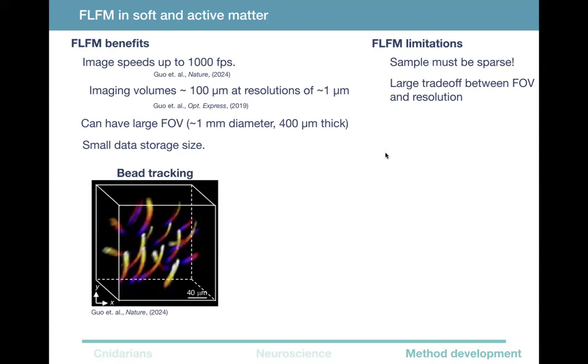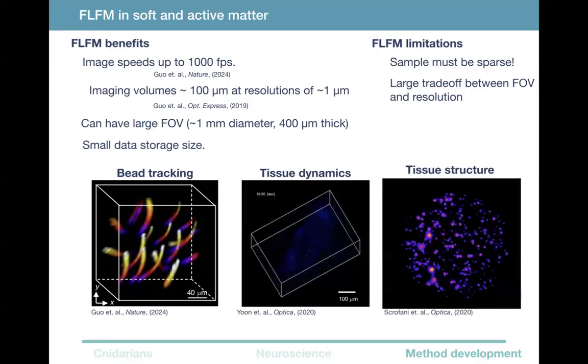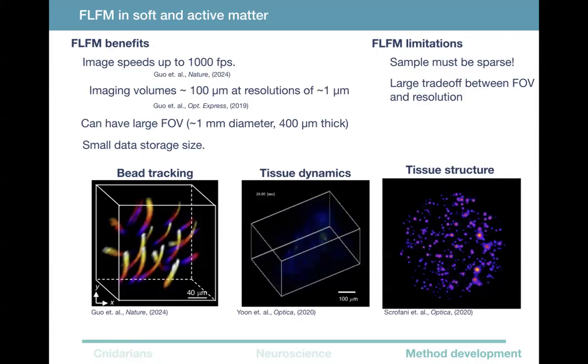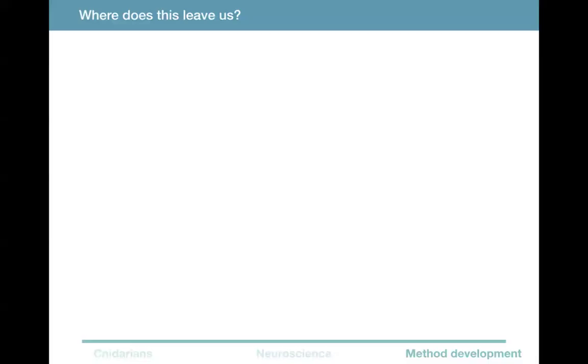But it's been used on lots of really interesting samples that are, I think, broadly interesting to folks working in soft and living matter, which is bead tracking, dynamics in different tissues, and rapid tissue reconstruction. So there are lots of great applications. If you're interested in these sort of methods, I'm happy to talk.